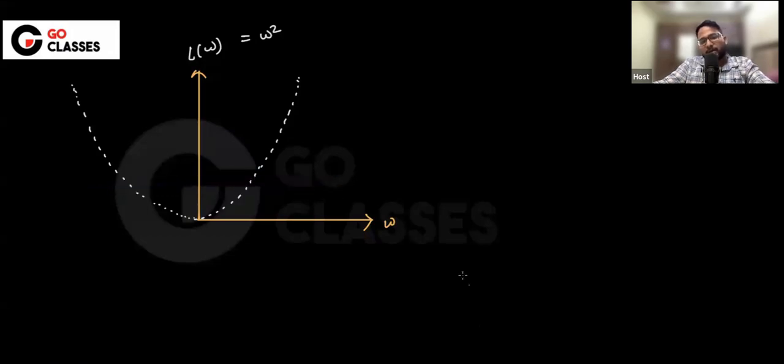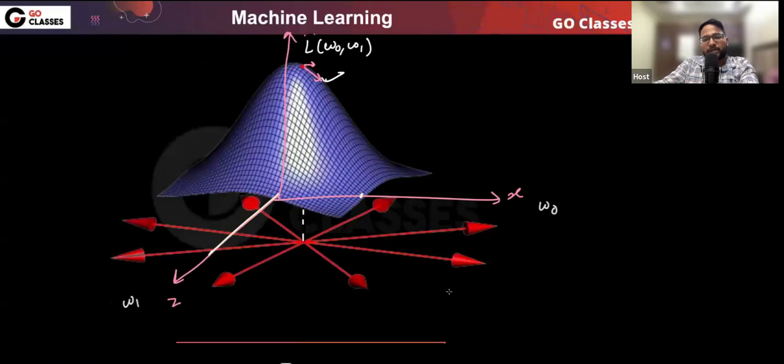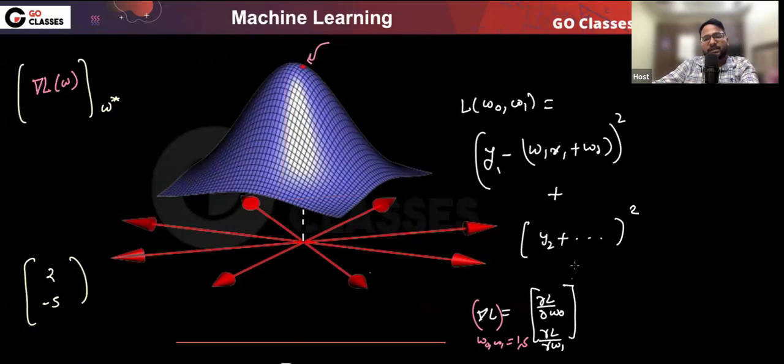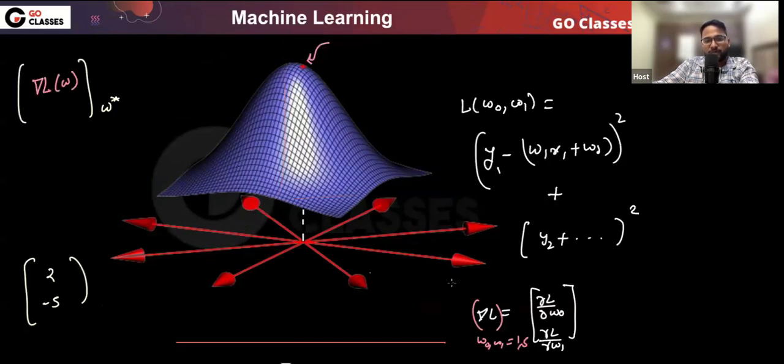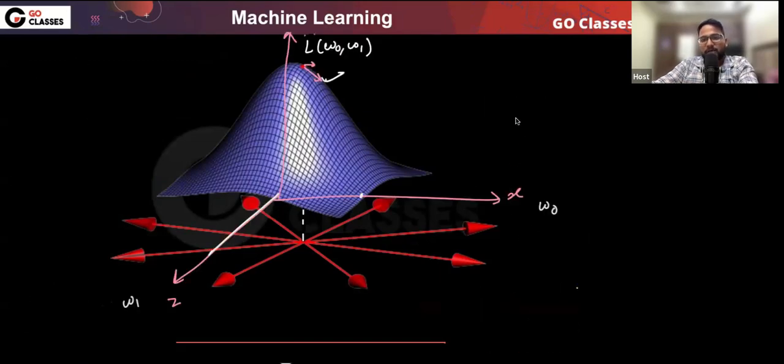For example, here, if you ask me about the gradient, then is the gradient in the direction of x, y, x, z, or y, z? Maybe this is in the direction of x, z. Why?